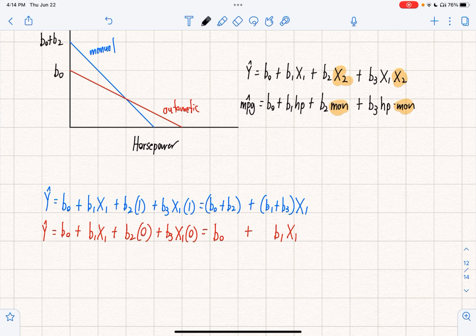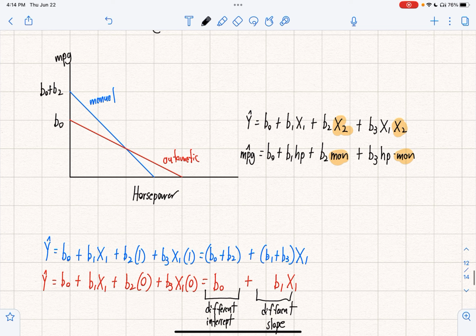So you can see that we now have a different intercept and a different slope. That's why in our picture we're getting two different slopes. This one is steeper than that one, and we have two different intercepts. One's up here, one's down here.